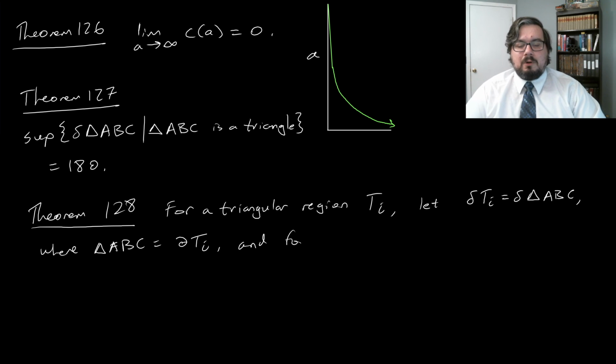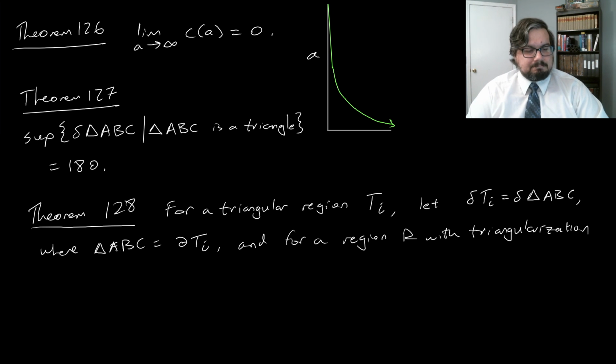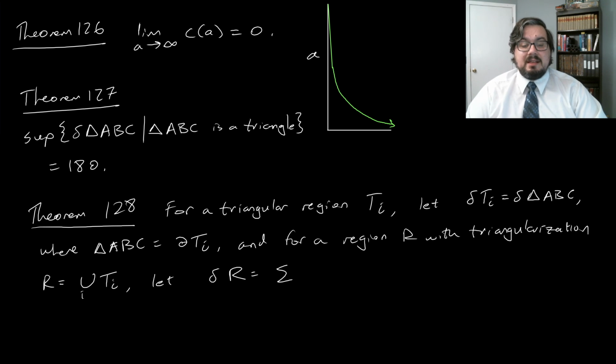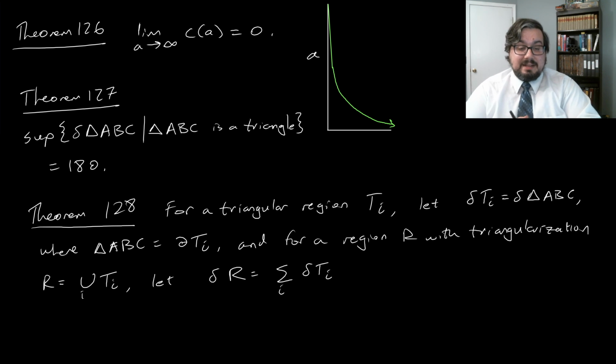And for a region R with triangularization, R equals the union of a bunch of Tis. Let's let the defect of a region be the sum of the defects of the triangular regions making it up.